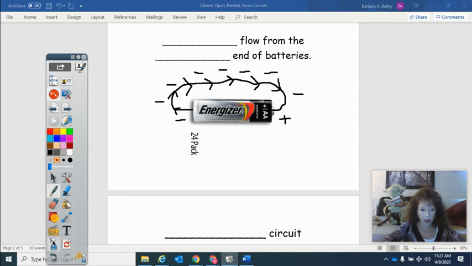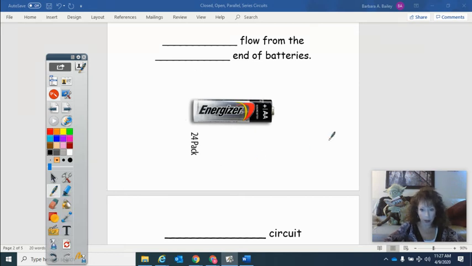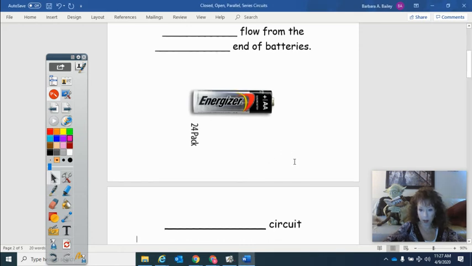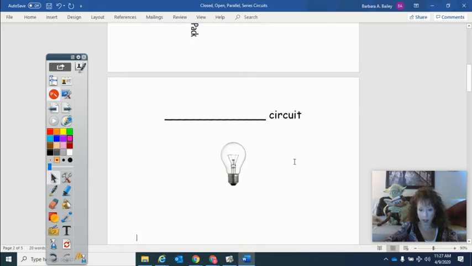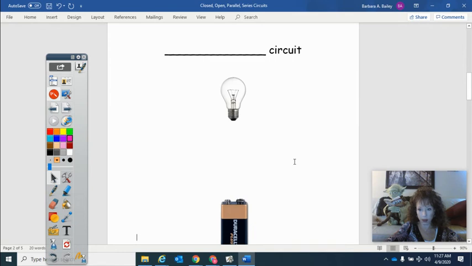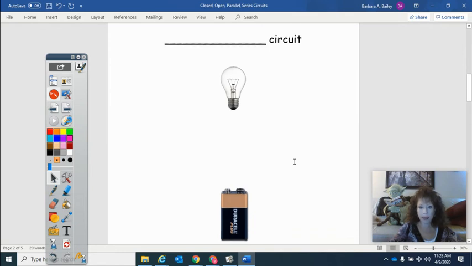All right, so I'm going to erase that and scroll down. And the first type of circuit we're going to talk about is just a closed circuit. So we know for a light bulb or any type of appliance or anything that we're going to power with electricity, we have to have a closed circuit, meaning it's making a complete loop.